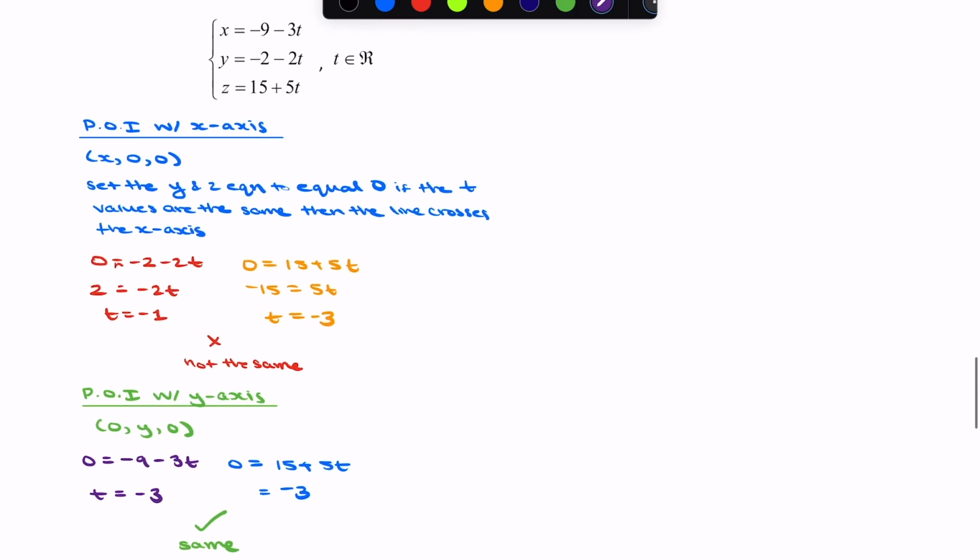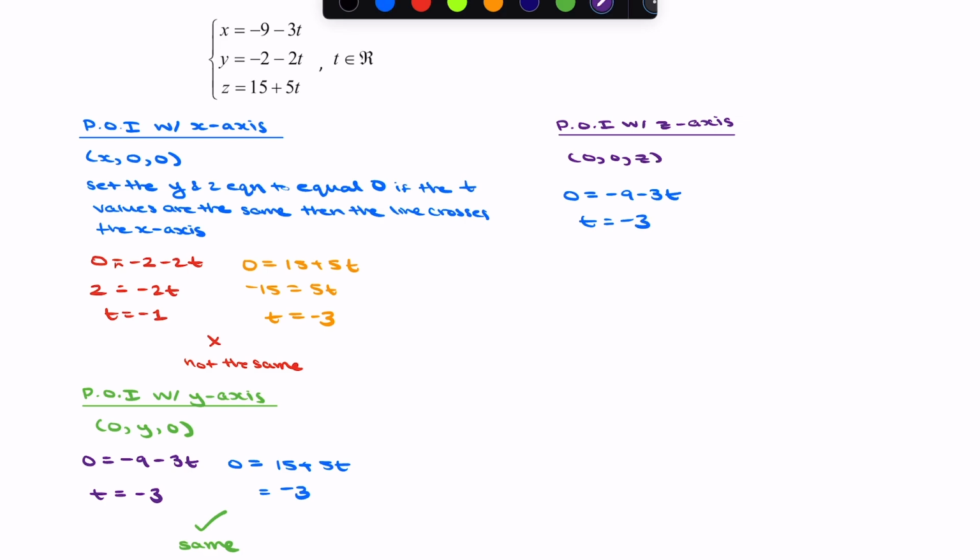And then lastly, the point of intersection with the z-axis, and that would be 0, 0, and z. So here we'll sub in 0 for the x and y. We have 0 is equal to -9 minus 3t, so t is equal to -3, as we found before.